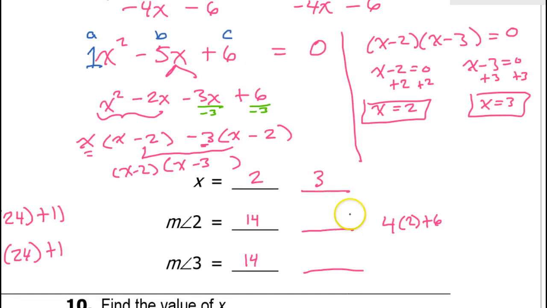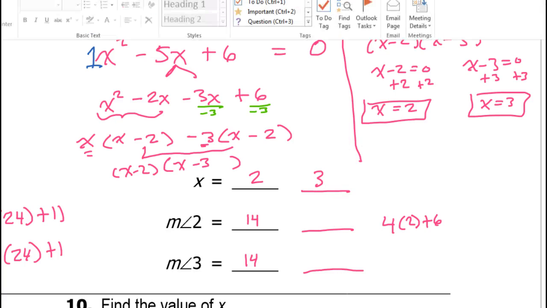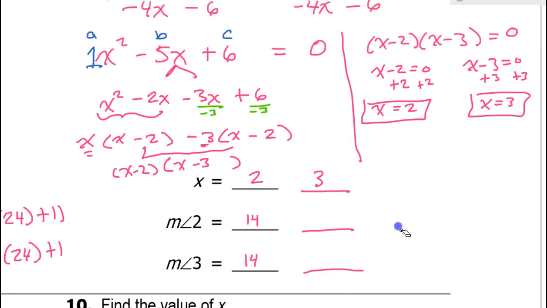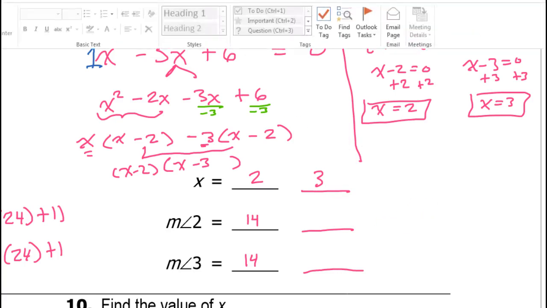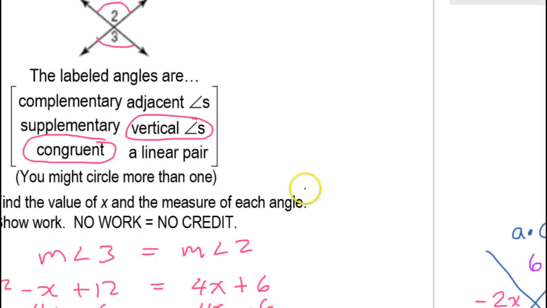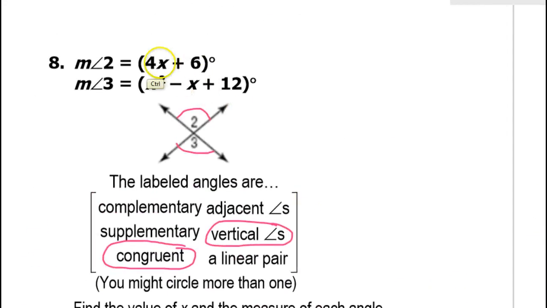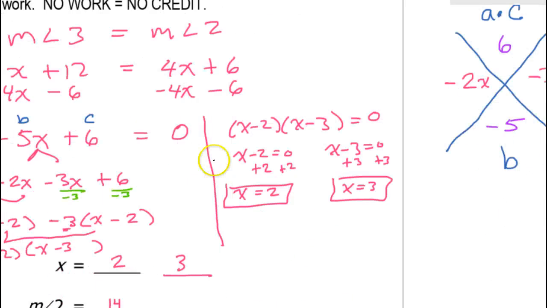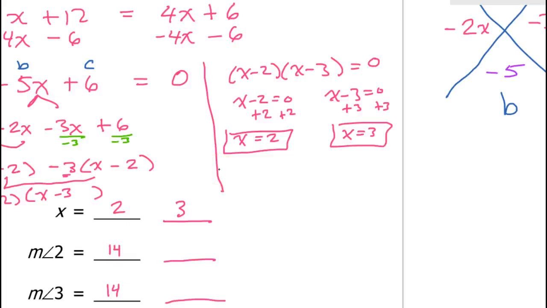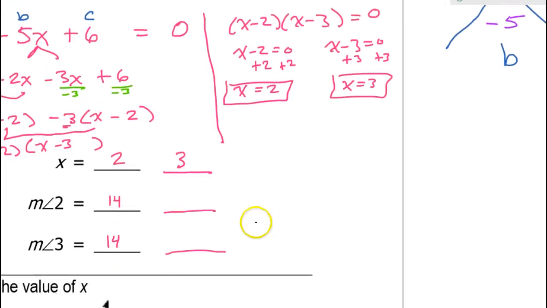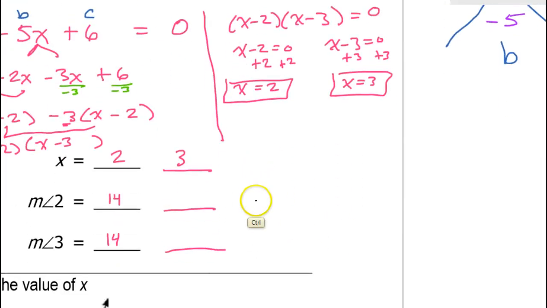Now, what about if x is 3? Is that going to be okay? Let me just erase this for a second. So the measure of angle 2, again, the expression is 4x plus 6. So if I do 4 times 3 plus 6, what am I going to get?